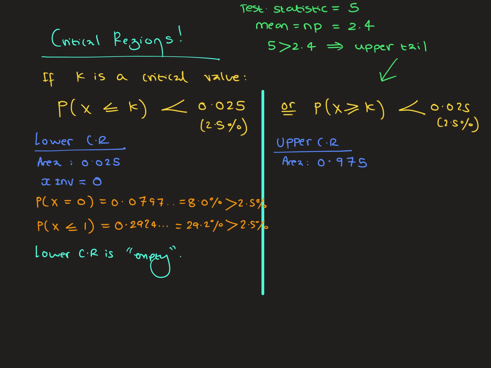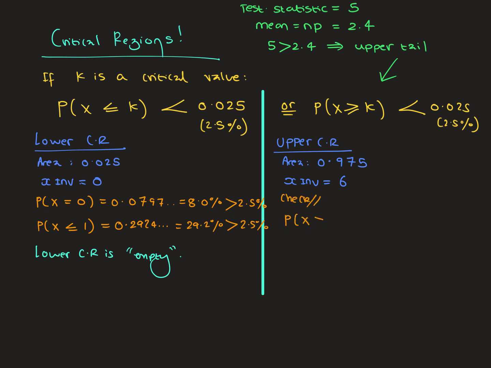And let's see what the inverse binomial gives us. It tells us x inverse is equal to 6. So it's suggesting that 6 or above would be critical values. So again, we want to check whether this is actually correct. So to do that, we're going to calculate some probabilities.